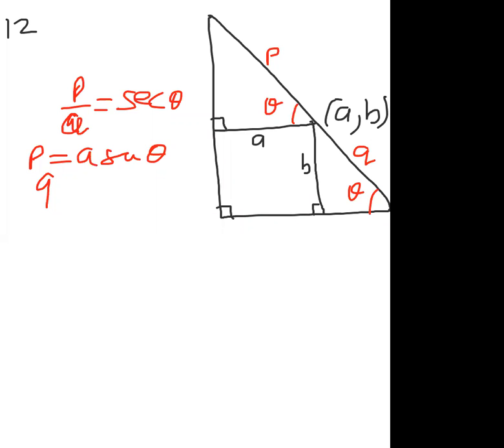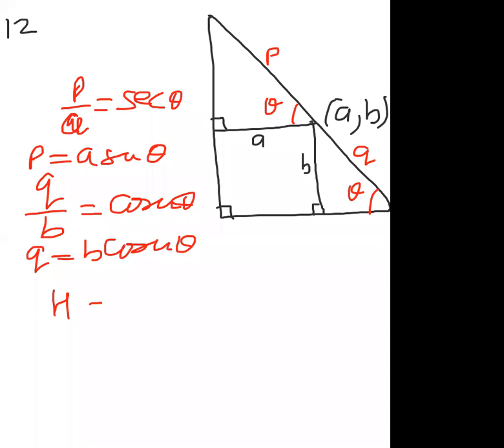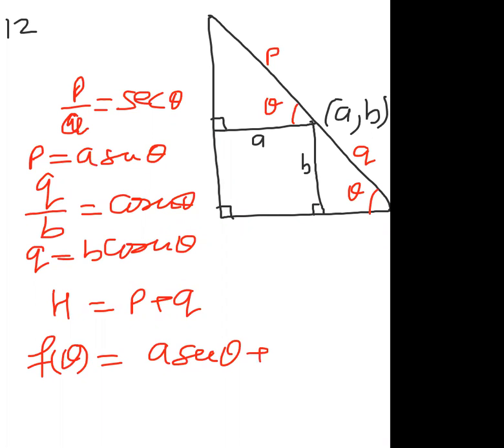Likewise, Q upon B will be equal to hypotenuse on perpendicular, that is cosec theta. So Q will be equal to B cosec theta. So the length of hypotenuse will be P plus Q. This becomes a function of theta. It will become A sec theta plus B cosec theta.